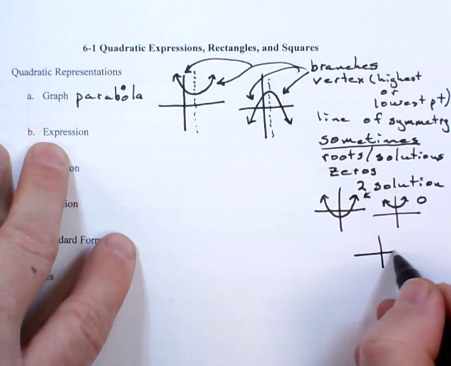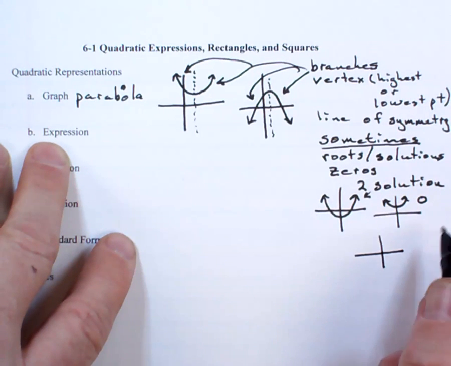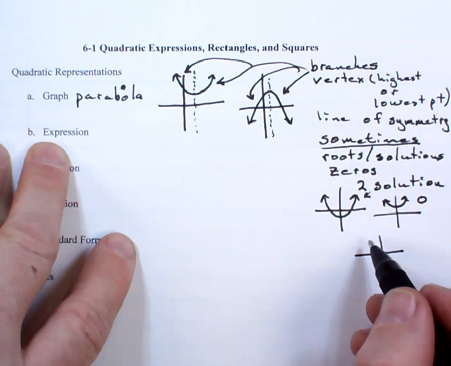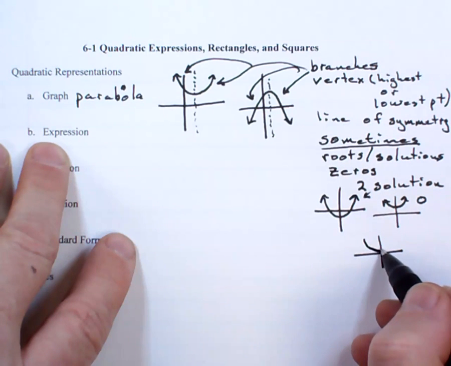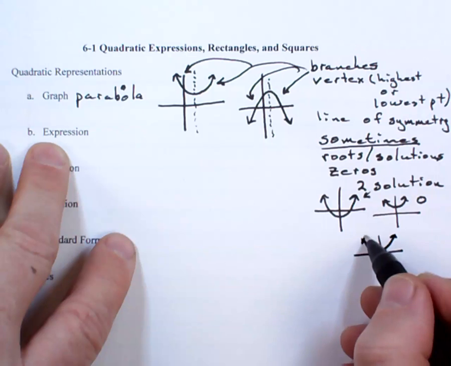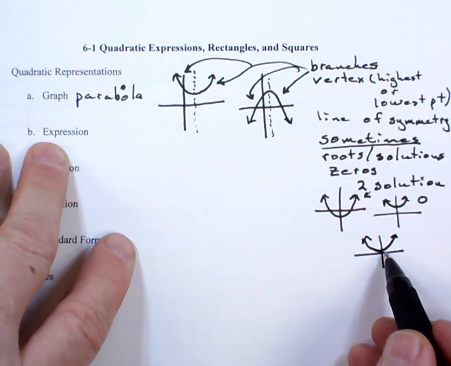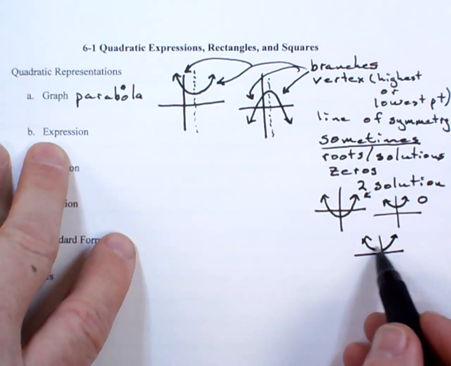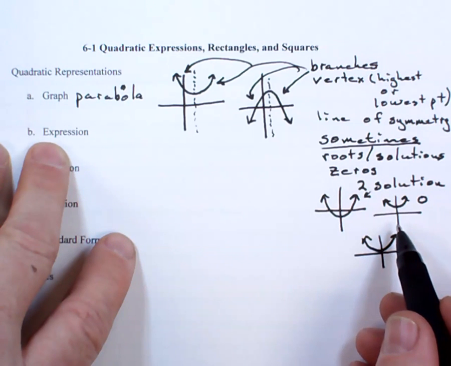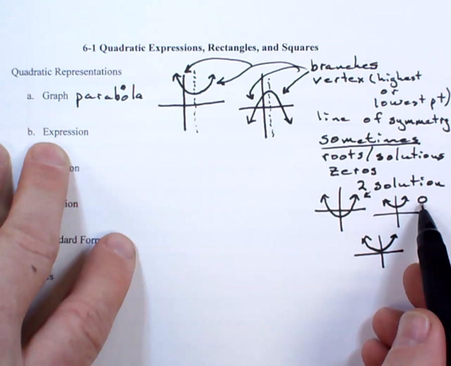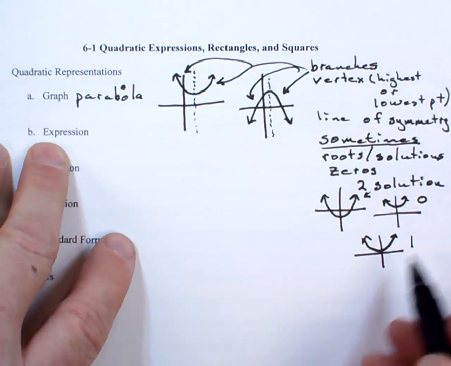What is touching the x-axis? The vertex, right? So this is kind of what Sarah was talking about. Here it's 1. Can you have 3? No, because these branches aren't going to turn around, are they? So you can have 0, 1, or 2.